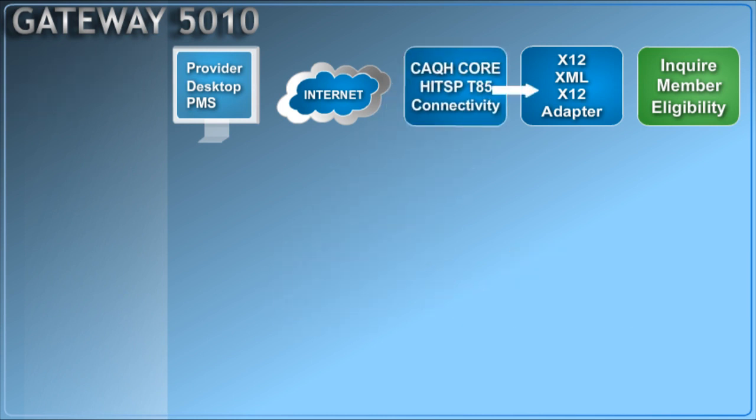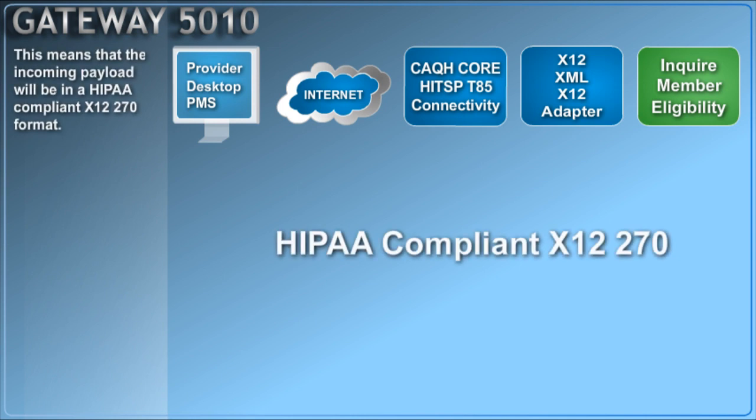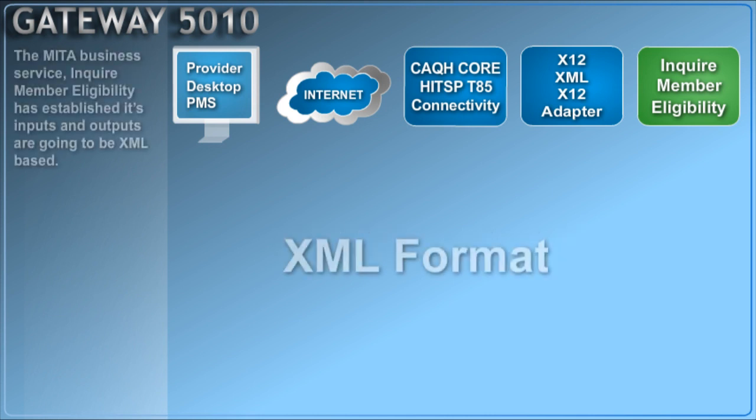As stated above, the incoming message from the provider needs to be a HIPAA and CORE compliant payload. This means that the incoming payload will be in HIPAA compliant X12-270 format. The MITA business service, on the other hand, Inquire Member Eligibility, has established that its inputs and outputs are going to be formatted as XML documents.